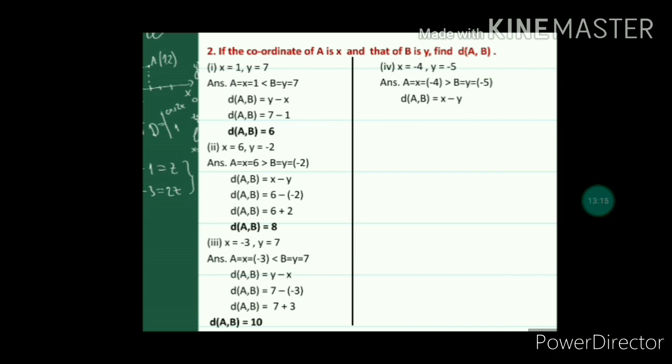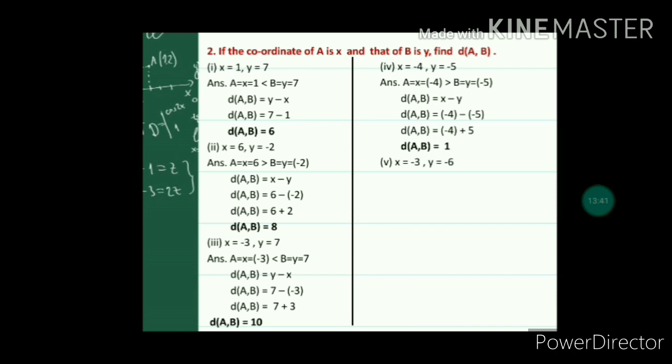Distance of AB is equal to x minus y. Distance of AB is equal to coordinate of x is minus 4 minus coordinate of y is minus 5. Therefore, distance of AB is equal to minus 4 minus into minus plus 5. Therefore, distance of AB is equal to 1.